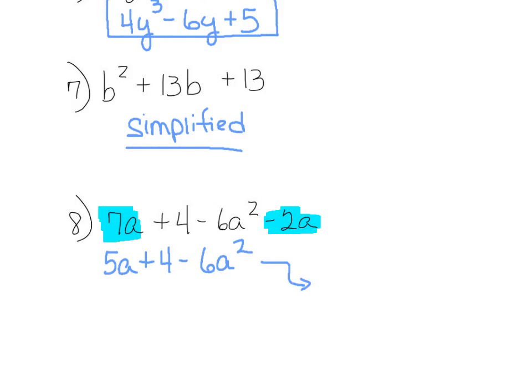We only have a's, but we have an a squared term and an a term. So remember that the exponents on the variables will be in descending order. So we'll rewrite it this way. Negative 6a squared goes first, plus 5a plus 4, and that will be the correct answer.